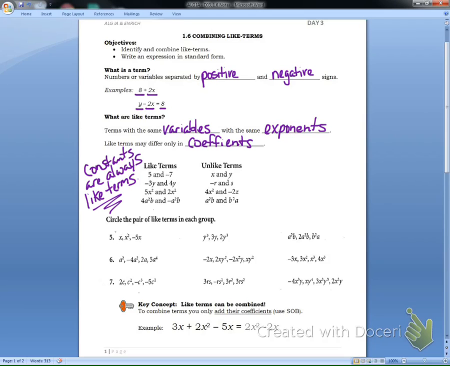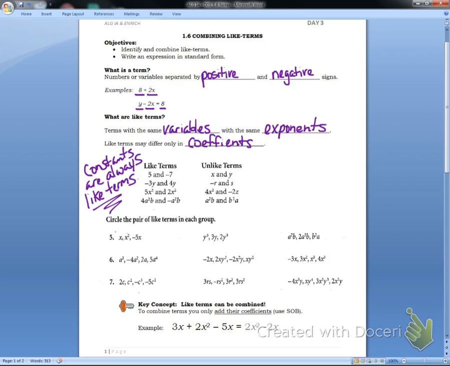In the next example, negative 3y and 4y, those are like terms because both terms contain the same variable of y. It's okay that their coefficients, the negative 3 and the 4, are different. And again, the example of negative r and s are not like terms because those are different variables.